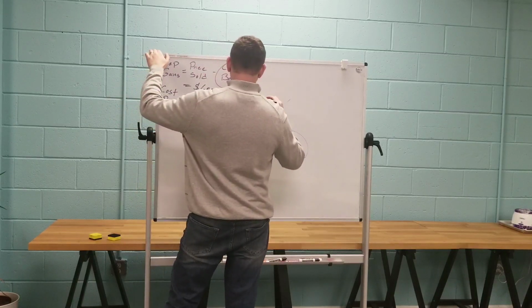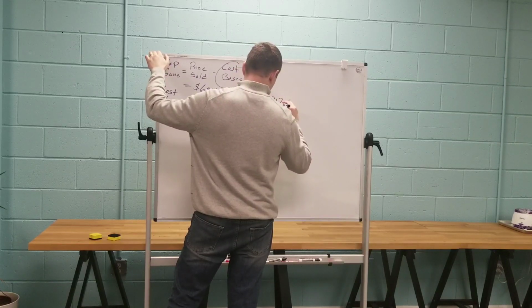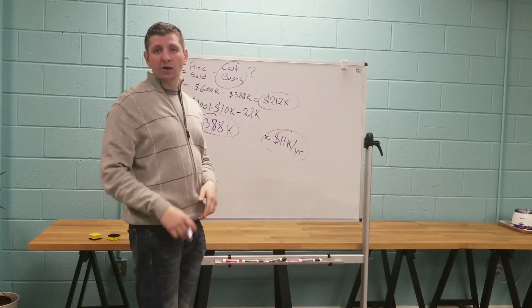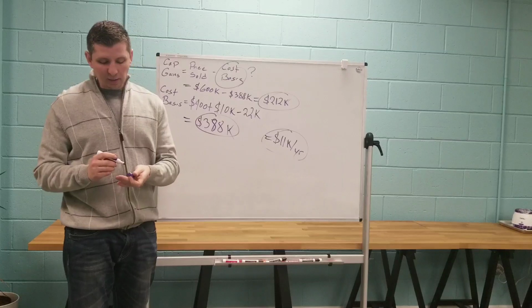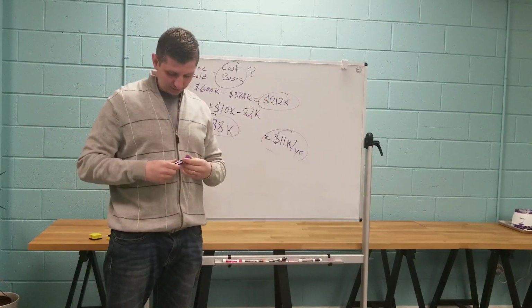Now our cap gains would be $212,000. Our tax liability would be determined on gains of $212,000.